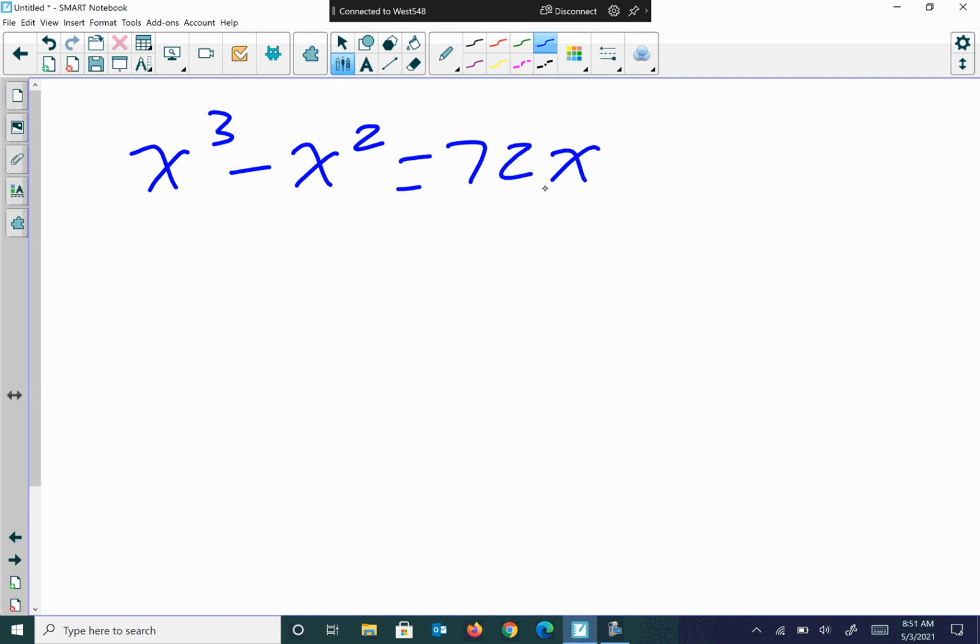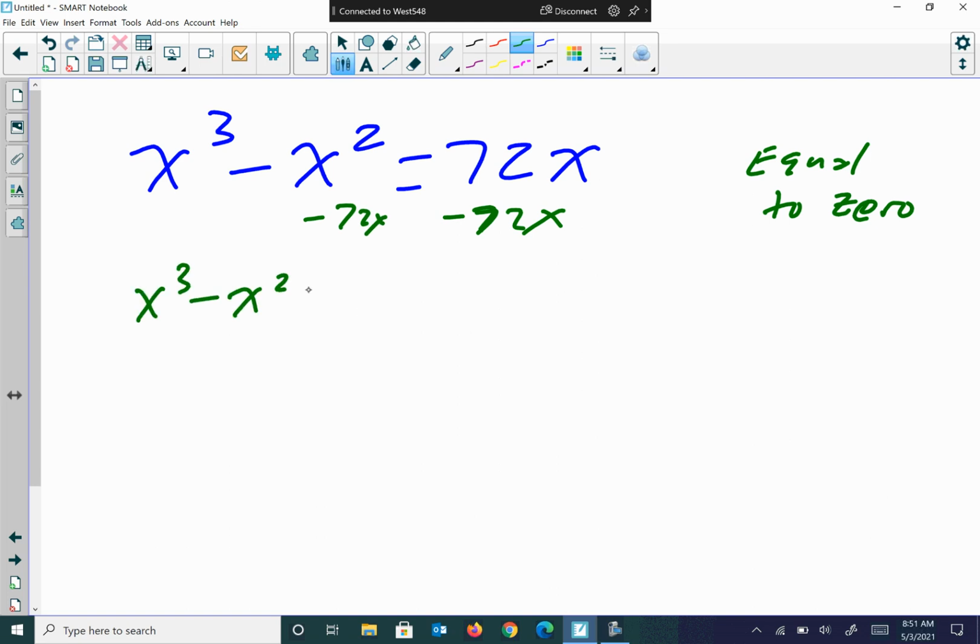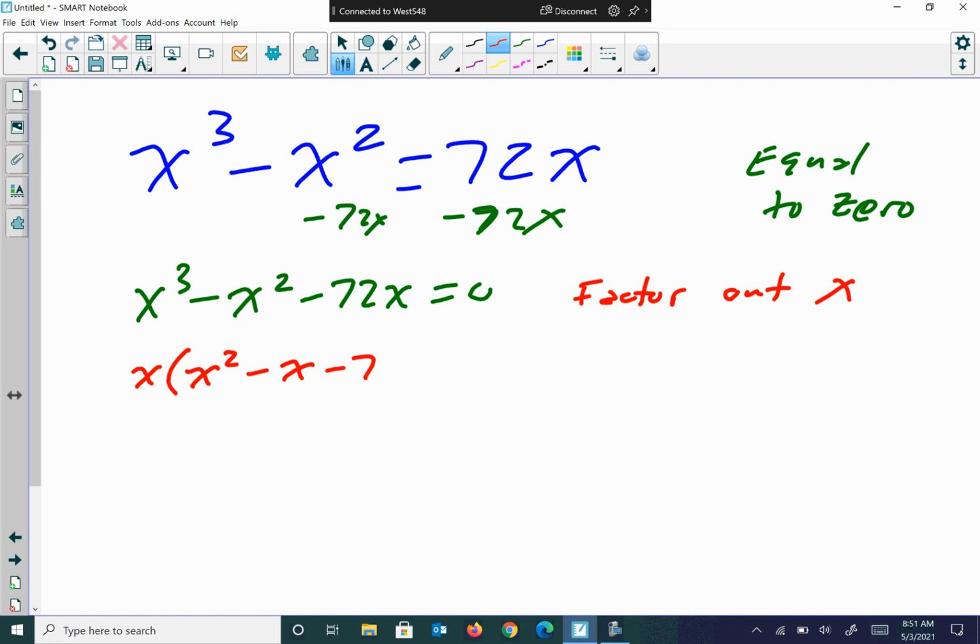All right, so this is a little bit goofier one. Zero. So I'm going to subtract 72x from both sides. So I get x to the third minus x squared minus 72x equals 0. Factor out x. So this gives me the first answer of x equals 0. Okay?